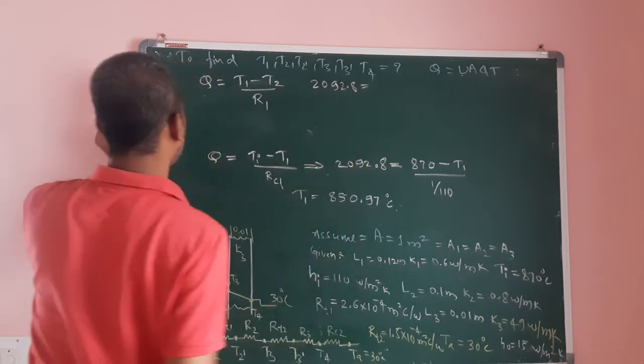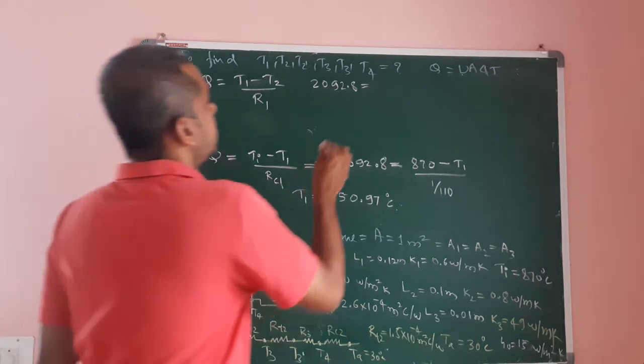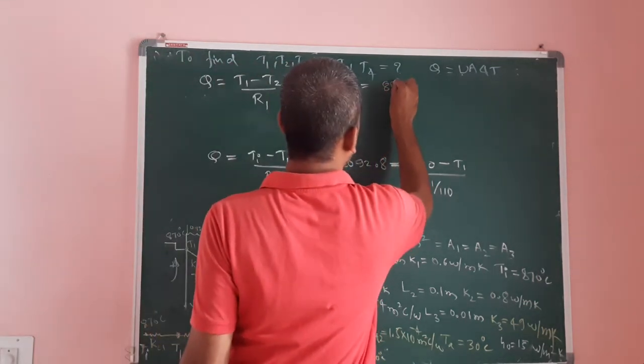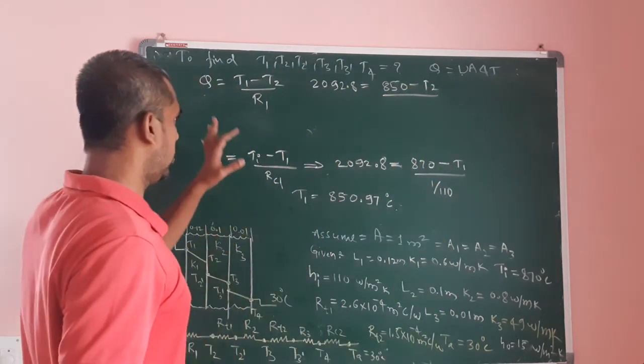It is equal to T1, which we calculated, 850 minus T2, divided by R1.